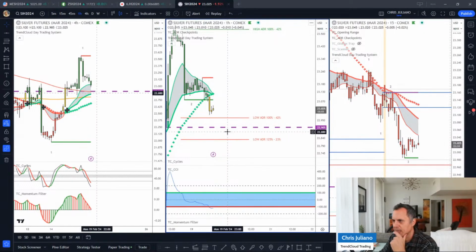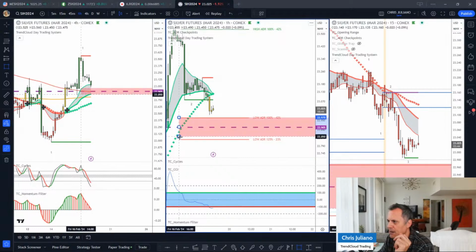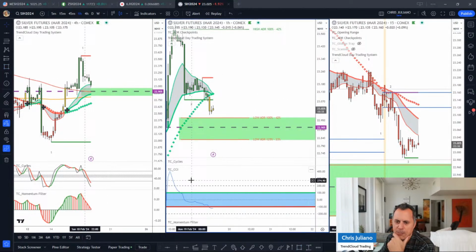That would be an aggressive buy. That's a great buy. If you want to be aggressive on silver, you can start buying it up right in this area here. Okay, that's a great buying area for silver. Make that green. That's where you want to start buying silver. Okay, and that would be aggressive, right?